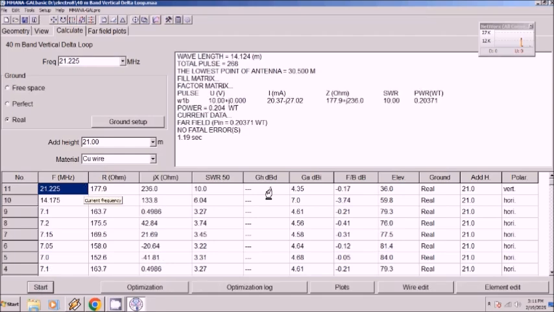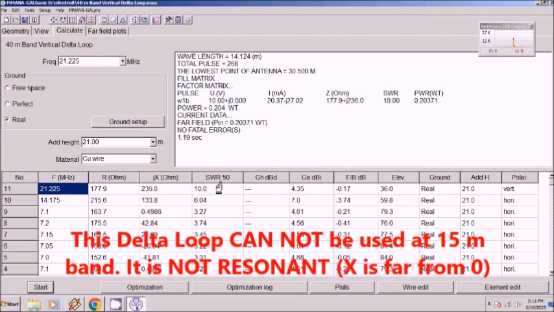Now the gain is okay, but the problem is at the SWR, which is 10 now compared to 50 ohm, so it needs another impedance transformer.